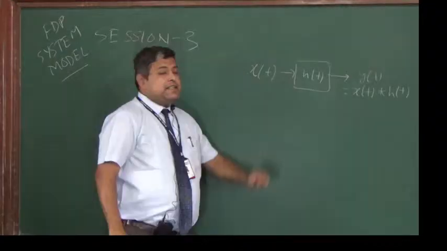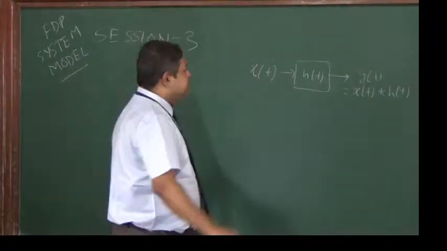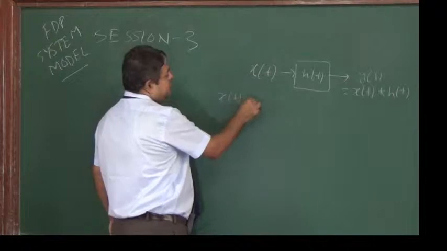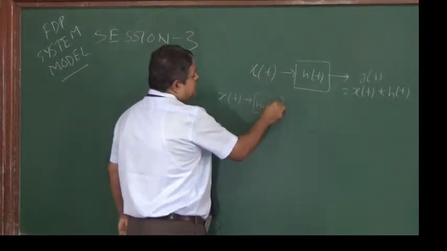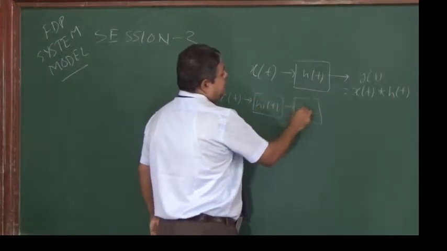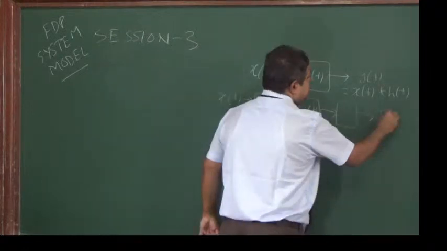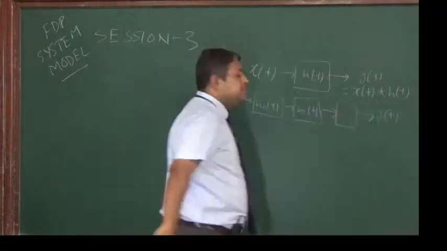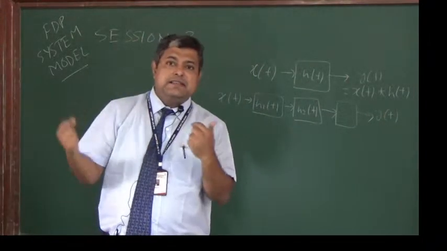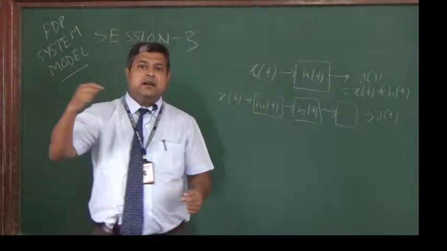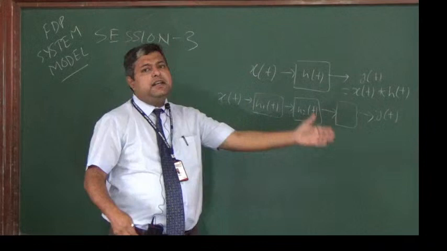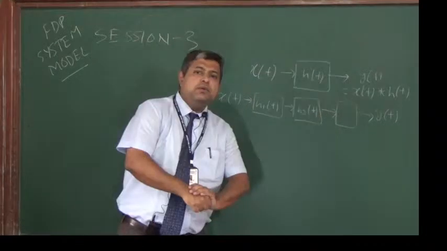But in this case, I am showing only one system. If I extend this block diagram like H1T, and there is another block like H2T and H3T and so on, then I am finding YT. Calculation is easy. That will be XT convolution H1T convolution H2T, and we will directly find the YT output.